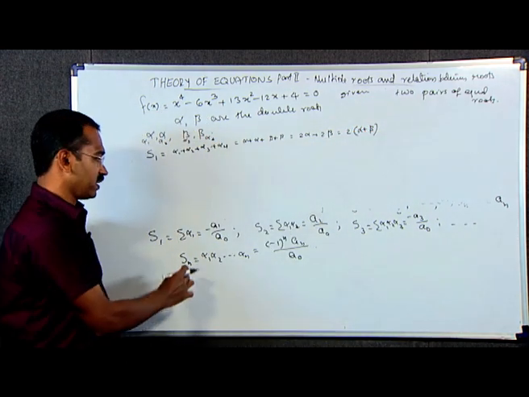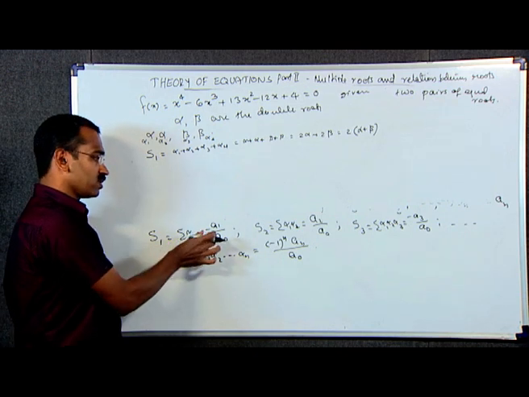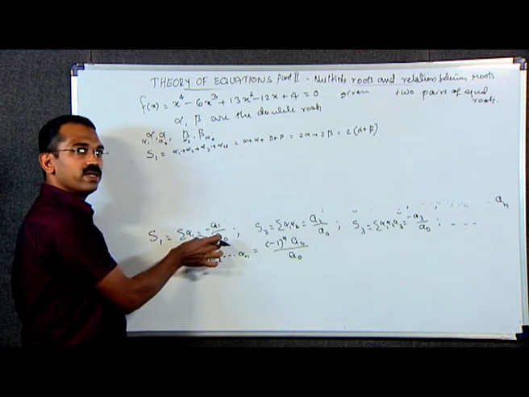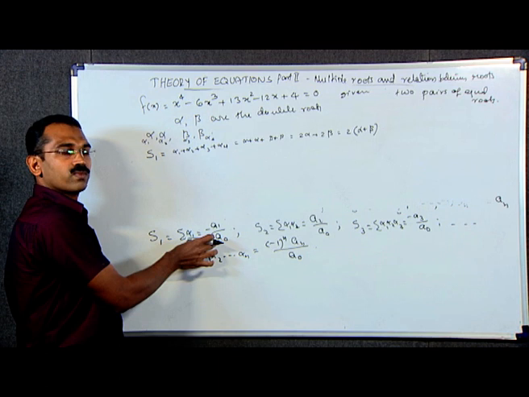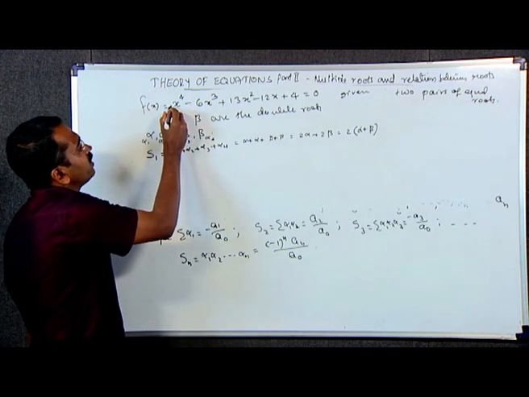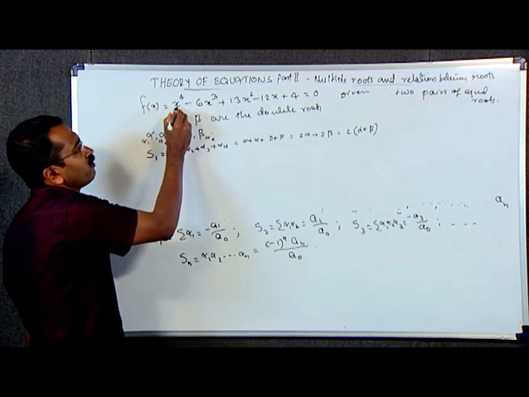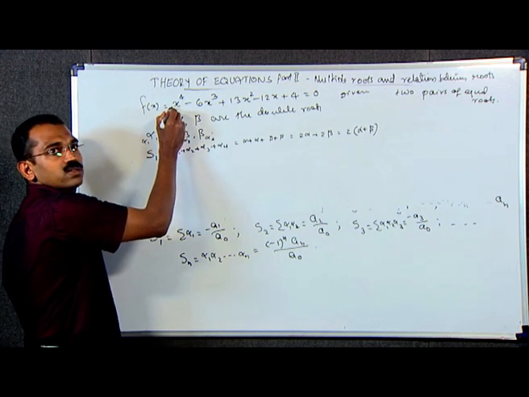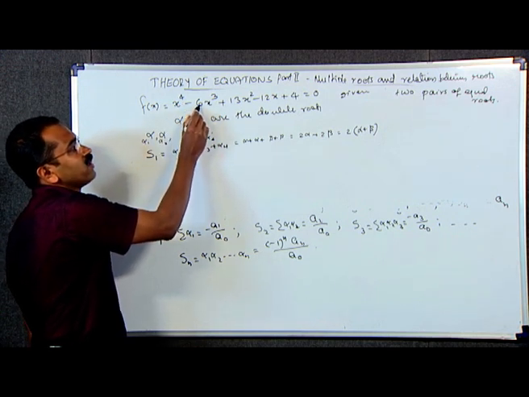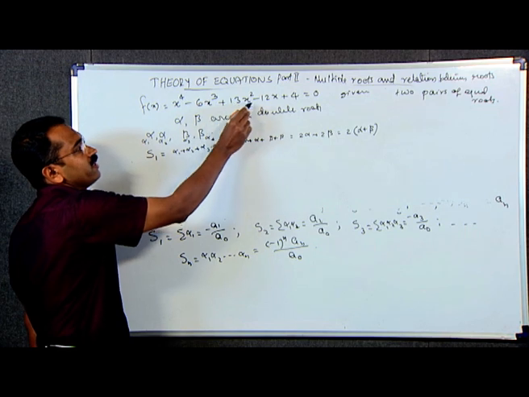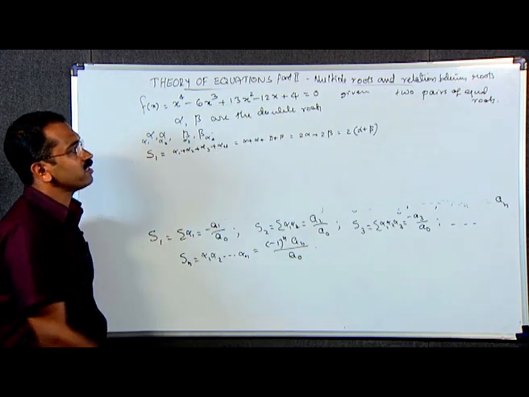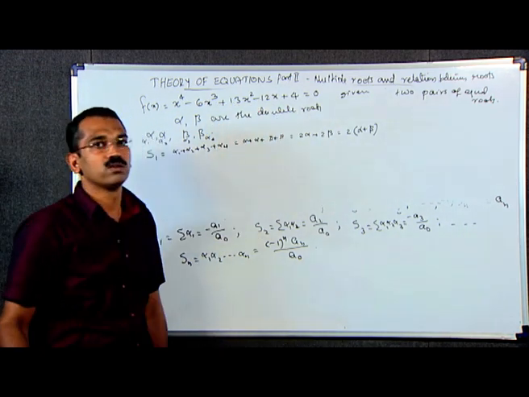But from this relation, S1 is minus A1 divided by A0. Here A0 is 1, coefficient of x raised to 4 is A0, A1 is minus 6, A2 is 13, A3 is minus 12 and A4 is 4.